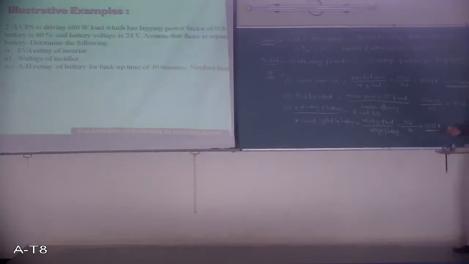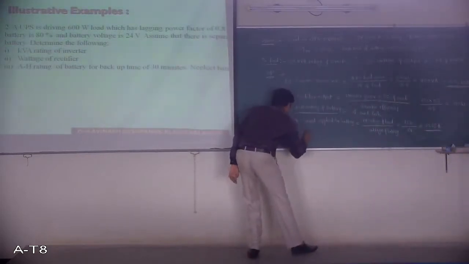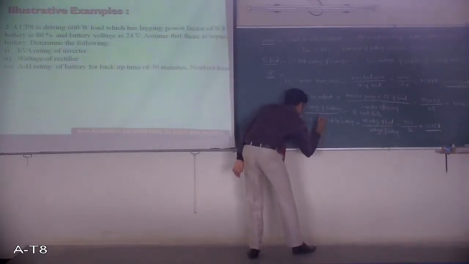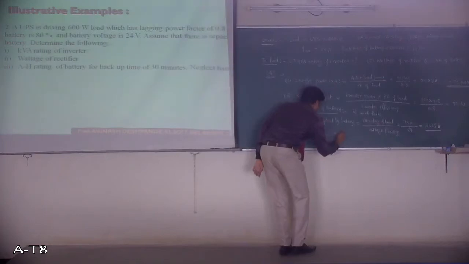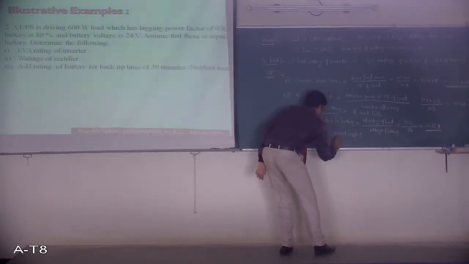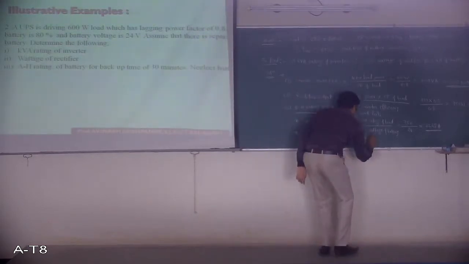So once you know this, can you calculate the ampere hour rating of the battery? The ampere hour rating of the battery is equal to the current supplied by the battery multiplied by the discharge time or backup time.